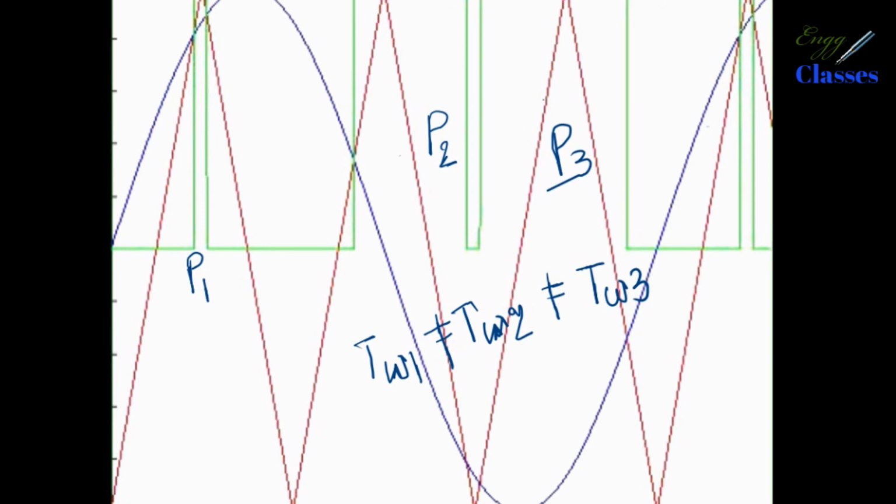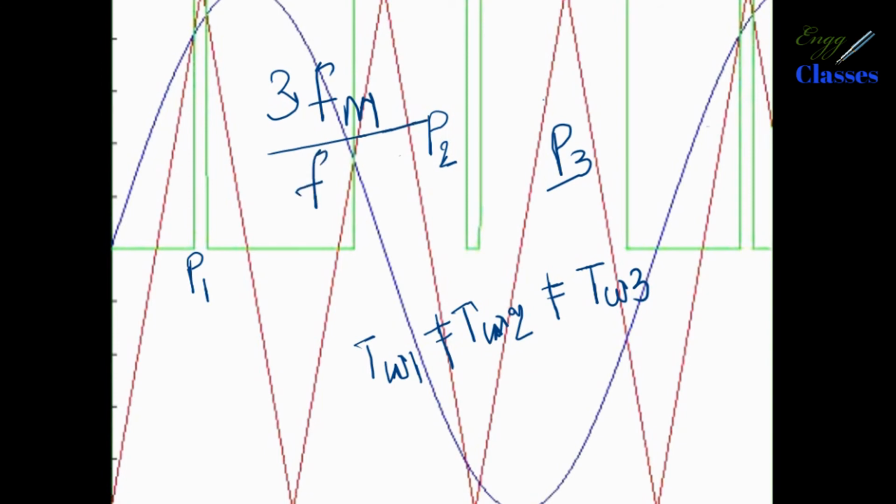The number of pulses that we can obtain in one cycle is equal to the frequency multiplier. So what is meant by the frequency multiplier? Here, the frequency of the carrier signal is 3 times Fm, where Fm is the modulating signal frequency.